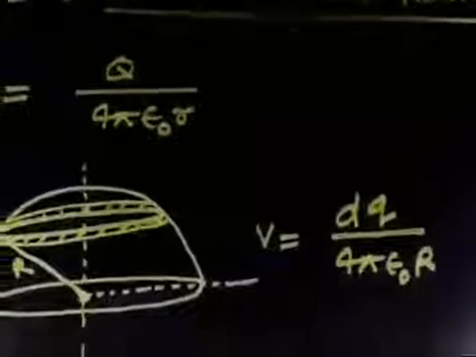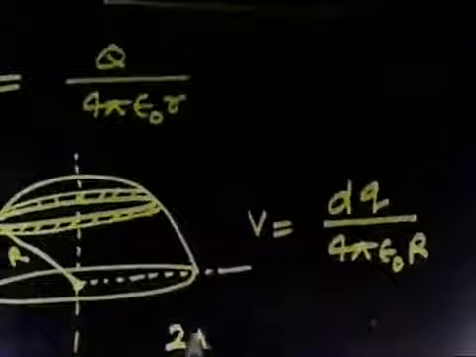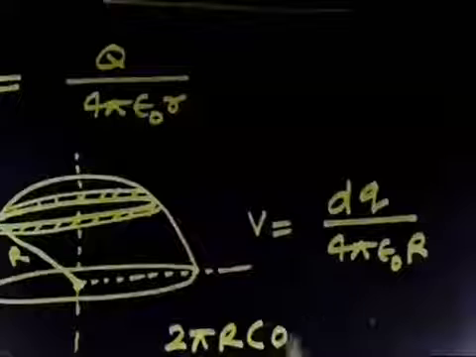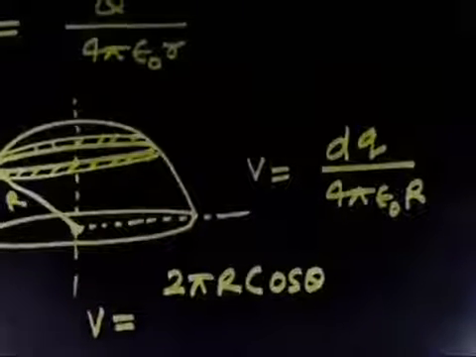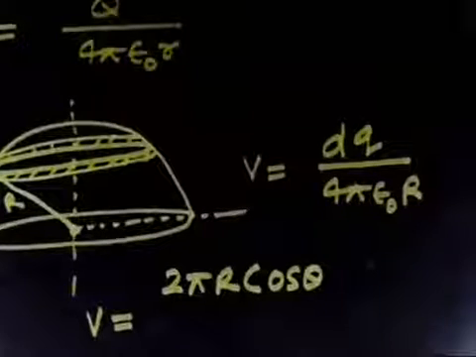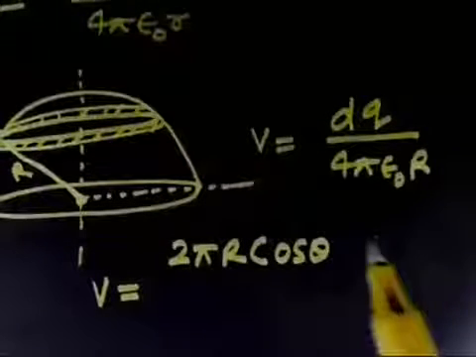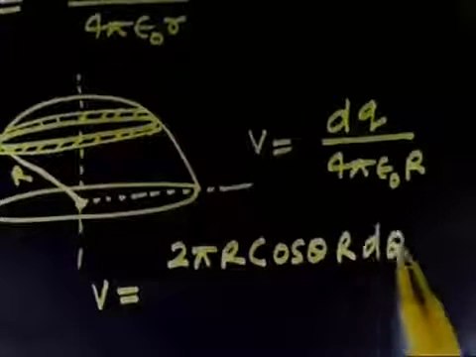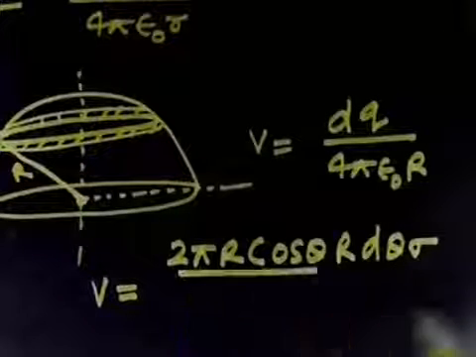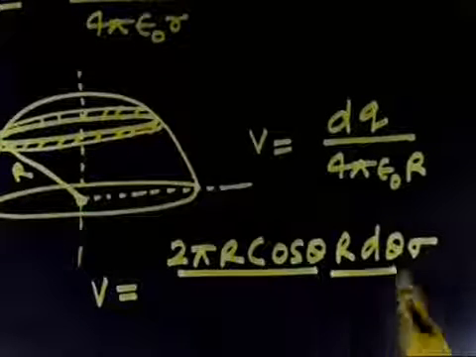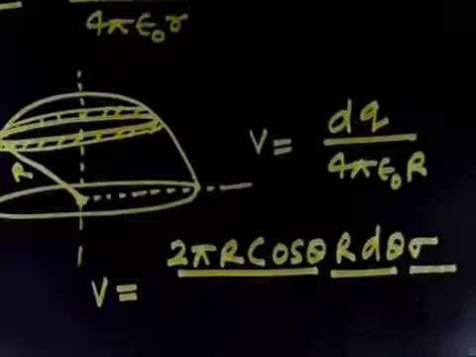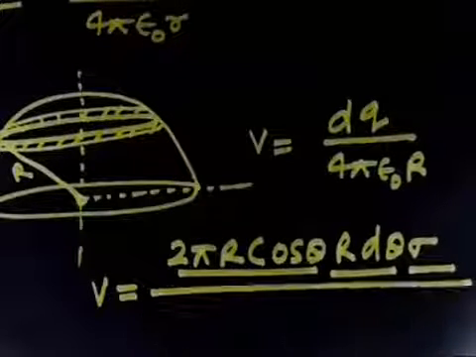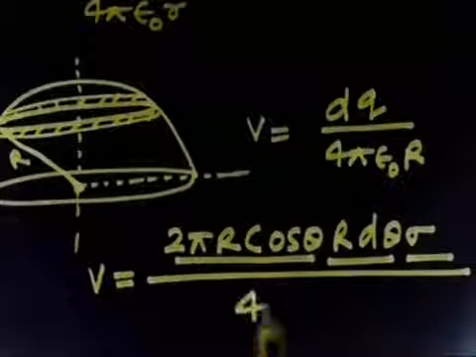Copy this one: 2 pi r cos theta into r d theta into sigma. This will give you the radius, this will give you the thickness, this will give you the perimeter, this will give you the thickness, this will give you the charge density, and the overall divided by 4 pi epsilon naught R.